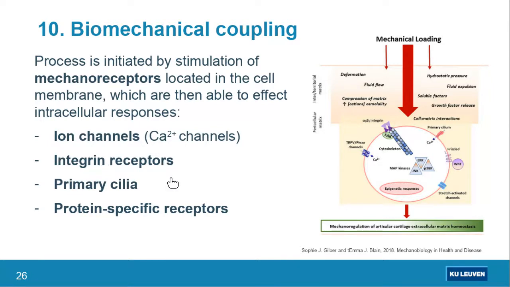But you also have to bear in mind that there are also more protein-specific receptors present in the membrane of the cells that are going to trigger also specific pathways or signaling pathways when mechanical loading is perceived. But for this class, we are going to focus mainly on these three types of mechanoreceptors. So first, the ion channels.